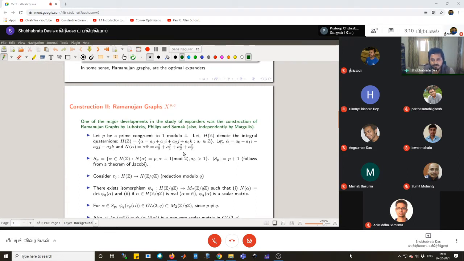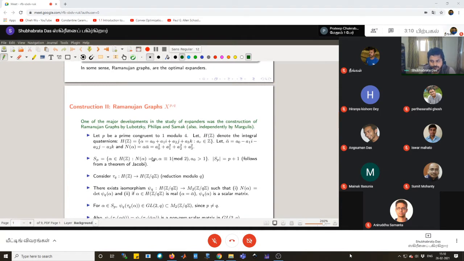And so this is the standard quaternion with integral coefficients. This is how the conjugate would look like. And this is what we call the norm of alpha. So the norm of alpha is the sum of the squares of the coefficients.